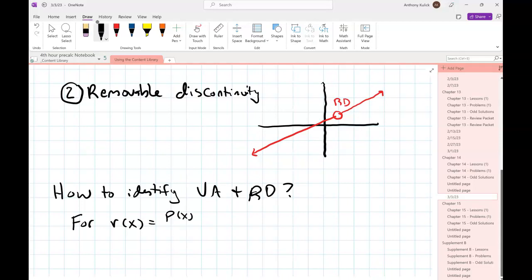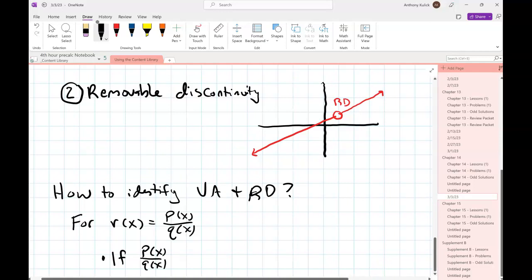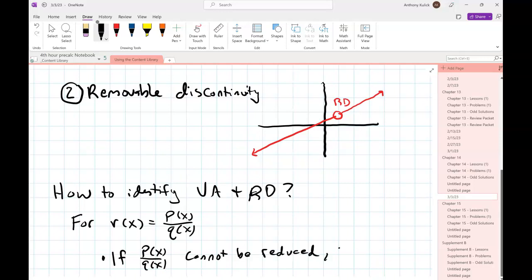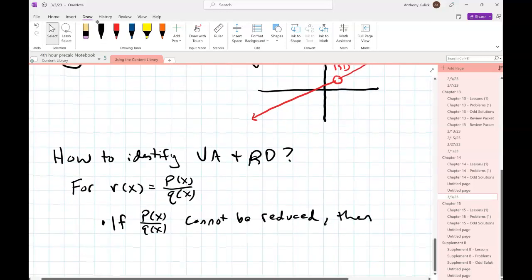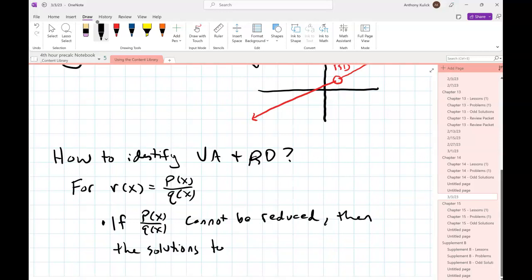So let's say we have some rational function, p of x divided by q of x. Let's be specific here.